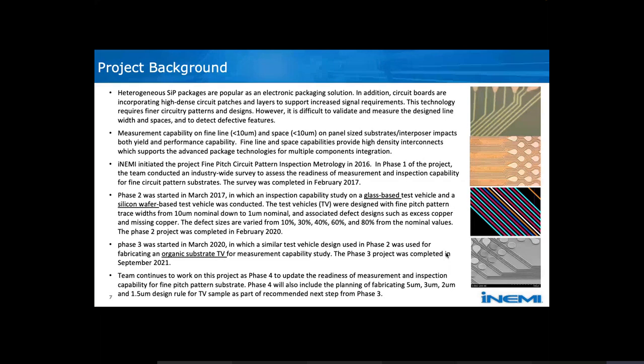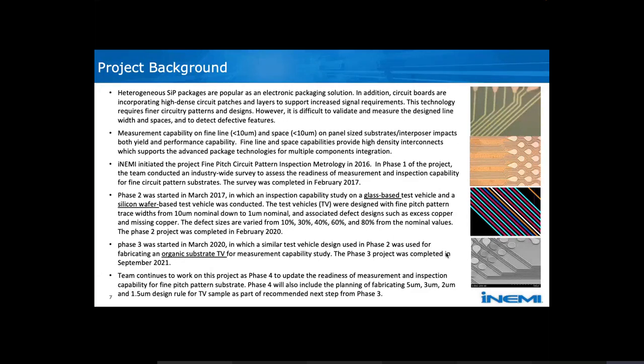We wrapped up the survey in February 2017 with a list of recommendations and findings from the industry. With that, we moved to phase 2 with an actual inspection capability study based on 2 test vehicles, same design, but one is a glass-based test vehicle, the other a silicon wafer-based test vehicle.